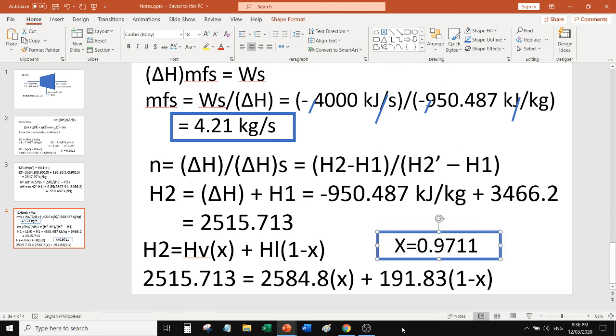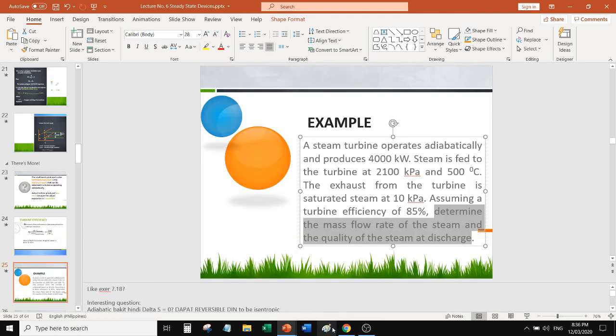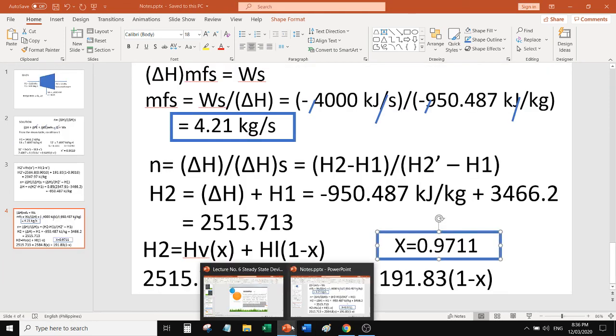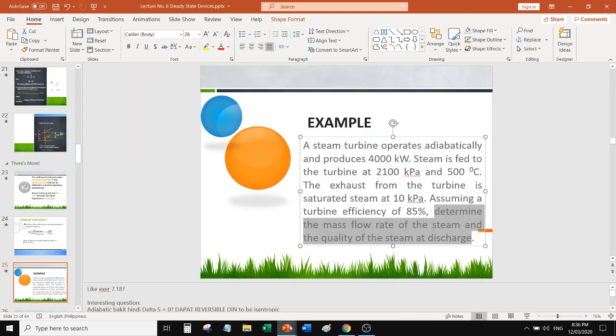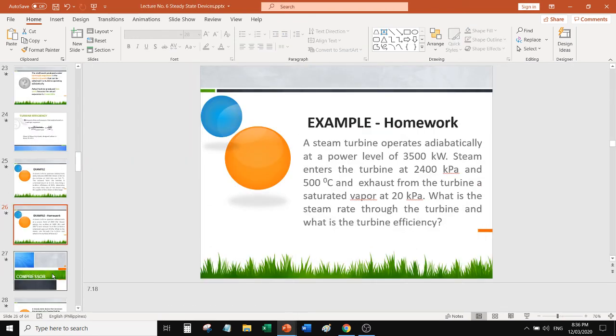Nakailang minutes na tayo. 39 minutes. Sige, dyan muna. Hanggang dyan na lang muna kasi masyado nang mahaba. Ang recommendation is 15 minutes lang kada session.